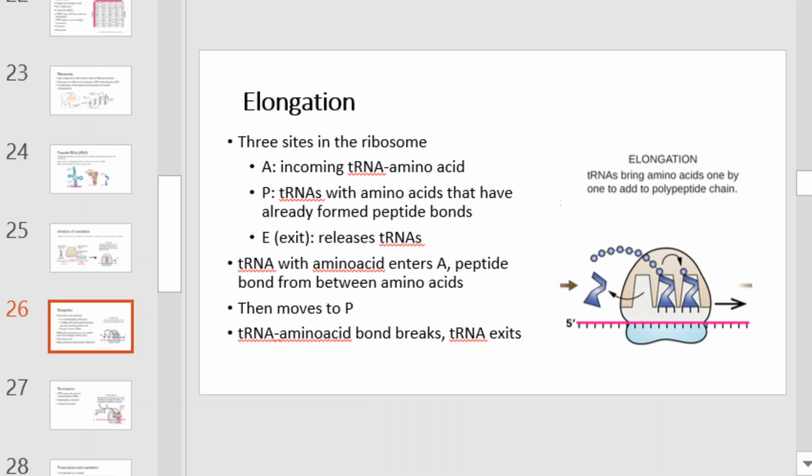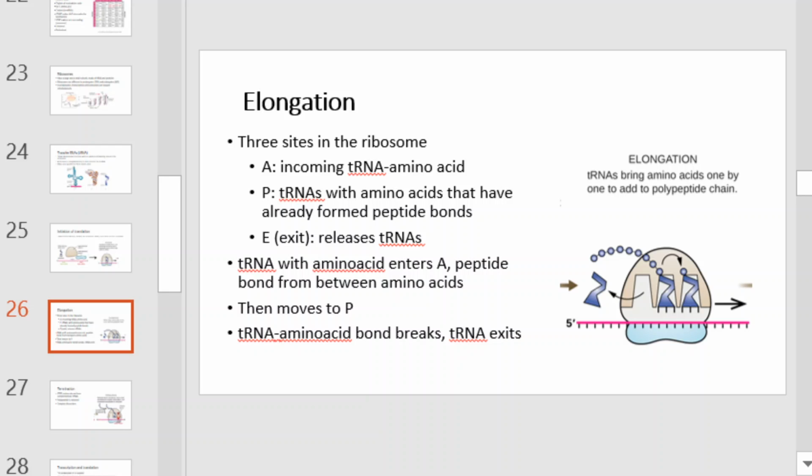The A site is where an incoming tRNA amino acid will bind. The P site is where the tRNAs with amino acids that have already formed peptide bonds will sit. And the E site is the exit site where the tRNAs that have released their amino acids will depart.